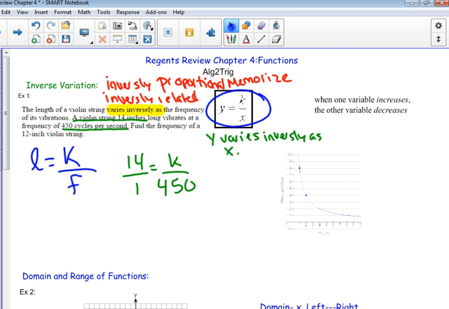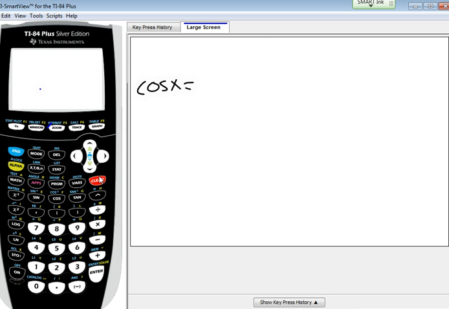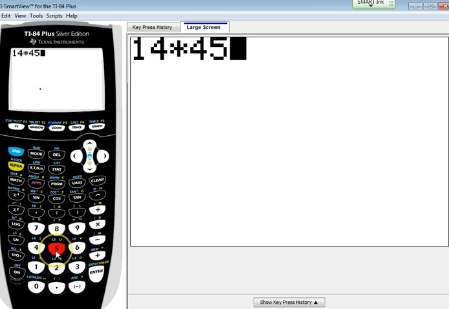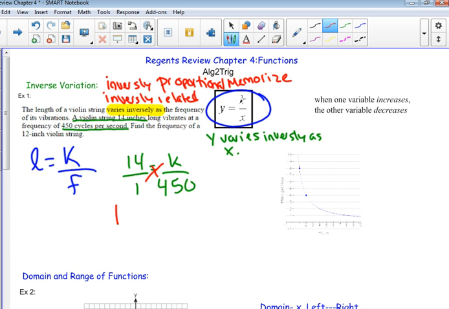Good. Cross multiply. 14 times 450. So 6,300? Is that right? Okay.